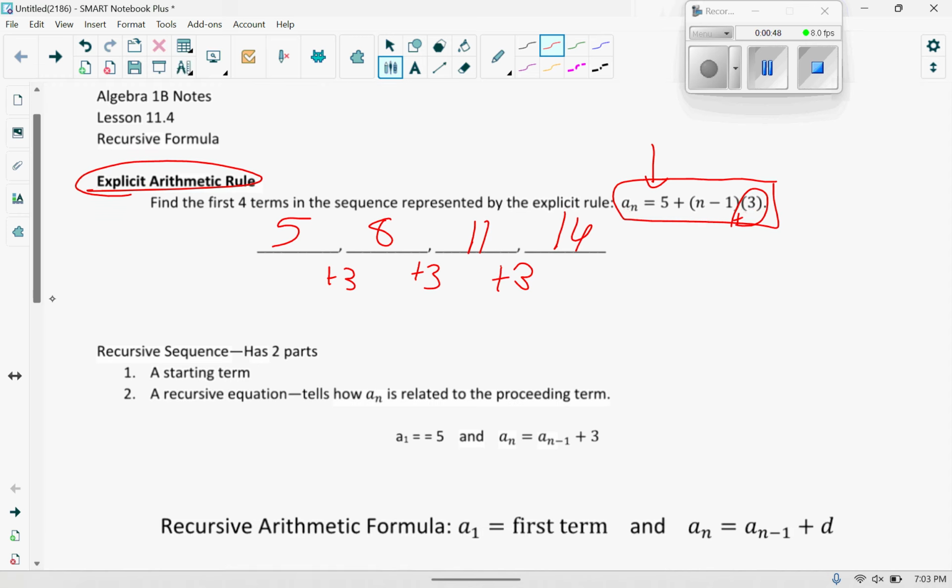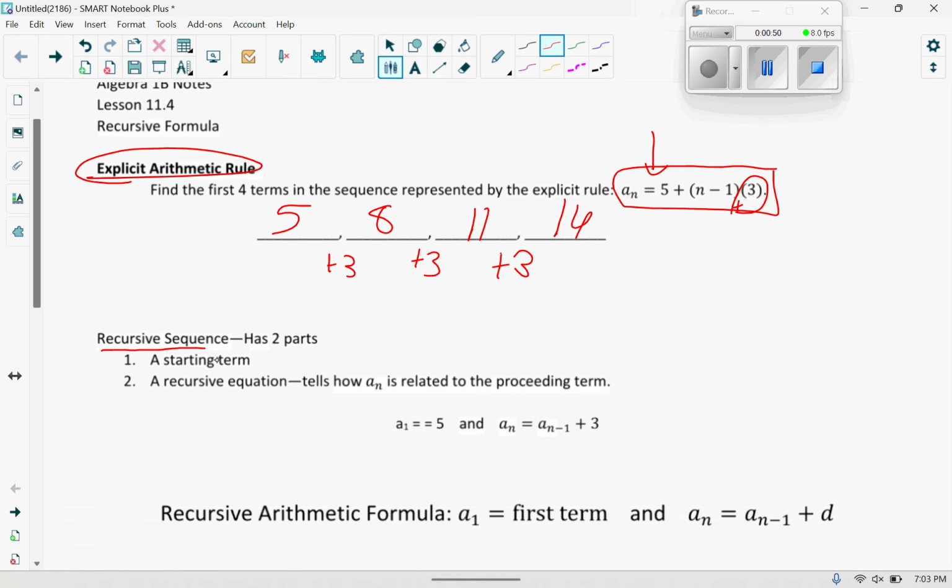Okay, so I'm going to compare it to this recursive sequence. Every recursive sequence, no matter if it's arithmetic or geometric, is always going to have a starting term. It will explicitly tell you what that starting term is. So notice it tells me I'm starting at 5, and this means previous term.